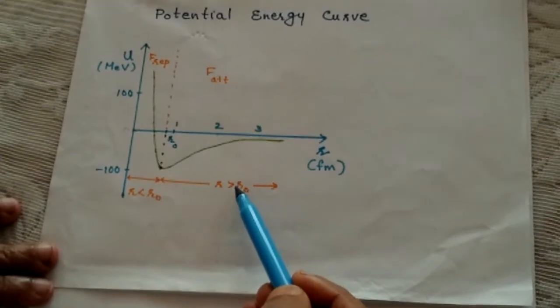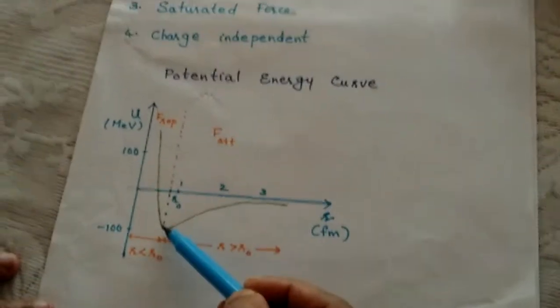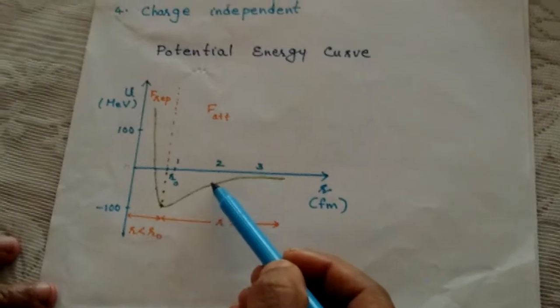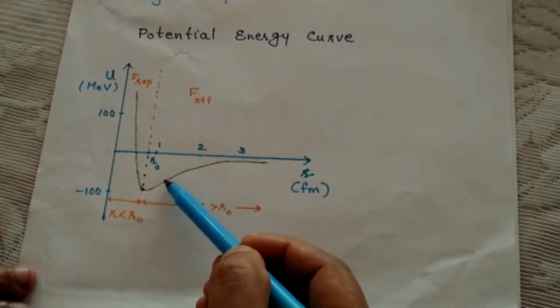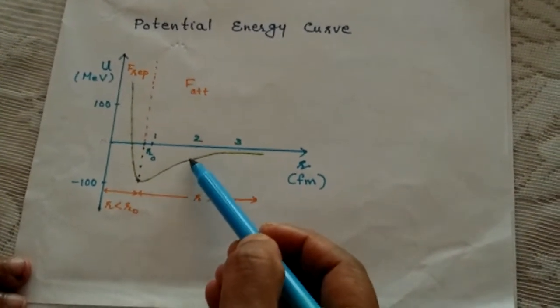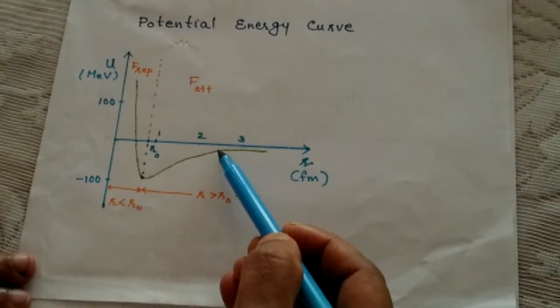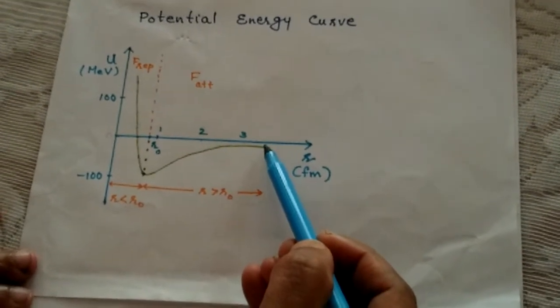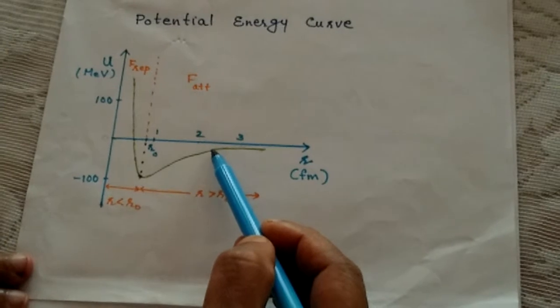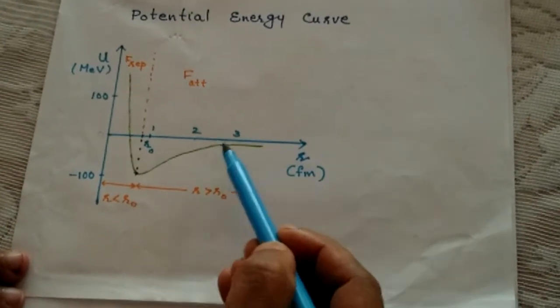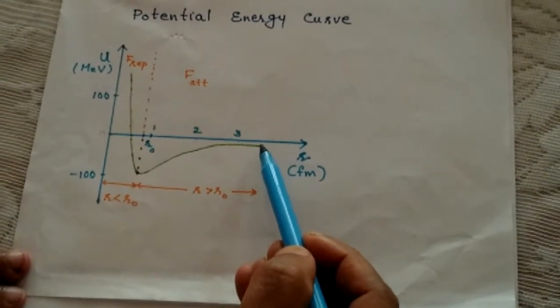If the separation is greater than R0, the potential energy increases. That is, the nuclear force, attractive force, decreases. And the potential energy is almost 0 when the distance is more than 2 fermi-meter, or the nuclear force vanishes.